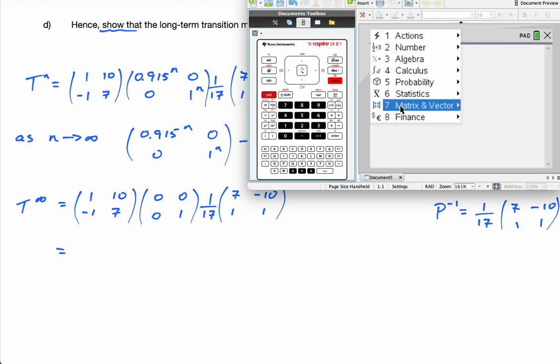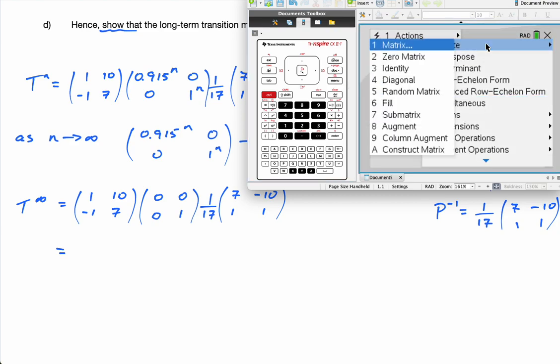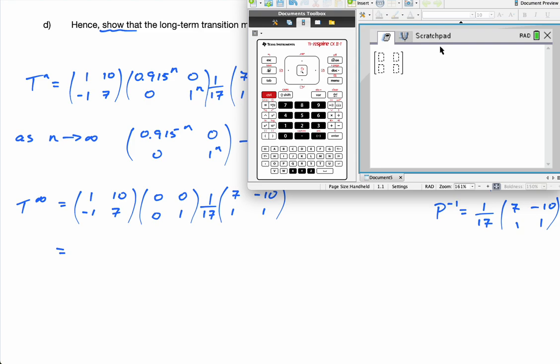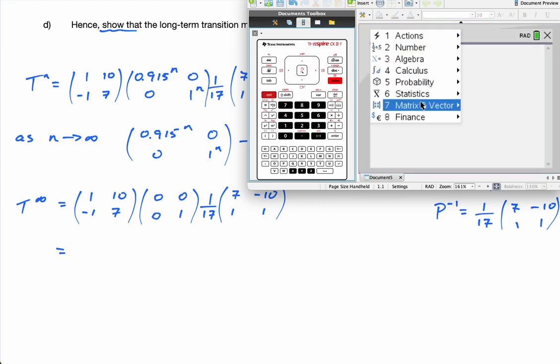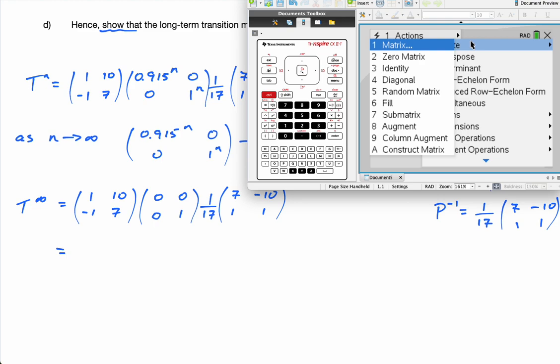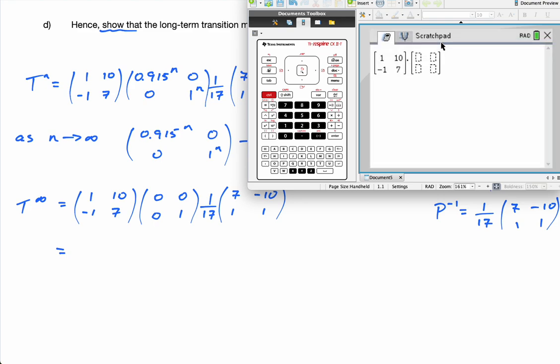Menu, matrix and vector, create matrix 2 by 2. So 1, negative 1, 10, 7 times another 2 by 2 matrix, 0, 0, 0, 1, then times 1 over 17.